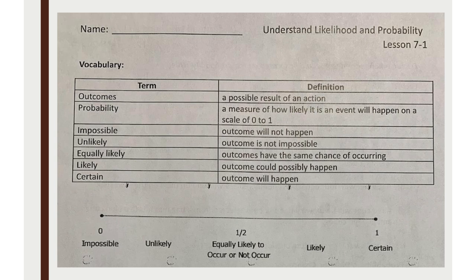Theoretically, there's 2 possible outcomes. It could land on heads, it could land on tails. Based on that, each of them has a 50% chance of happening.